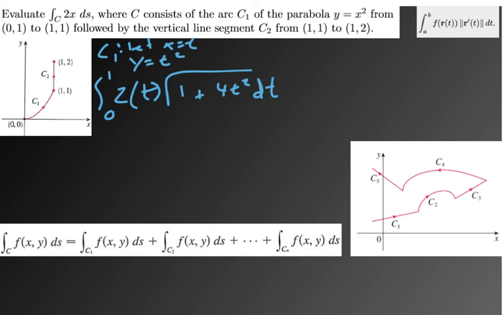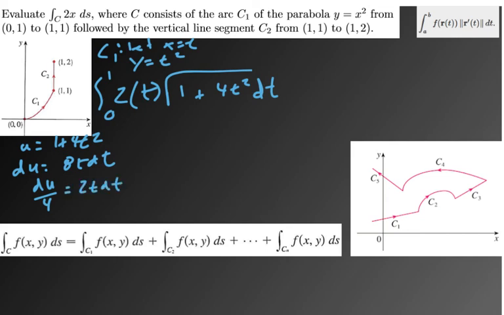And then it's a nice u-sub problem. You can do u equals 1 plus 4t squared. Then du is going to be 8t dt. I have a 2 in there, so really du over 4 is going to equal 2t dt.